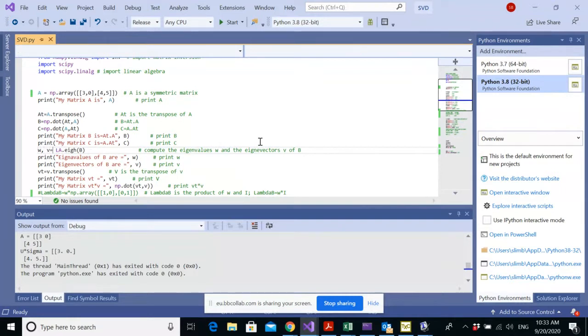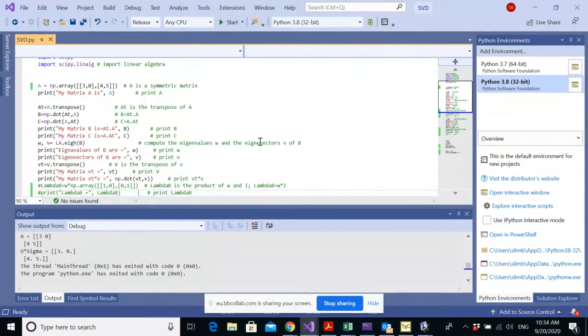Now, as you've seen before with the LU elimination or spectral factorization, I'm asking it to compute my eigenvectors and eigenvalues here. First of all, for B, meaning ATA, compute the eigenvalues W, and V are the eigenvectors. I'm going to display them just for curiosity: the eigenvalues of B and the eigenvectors of B. And I'm going to transpose the matrix of eigenvectors.